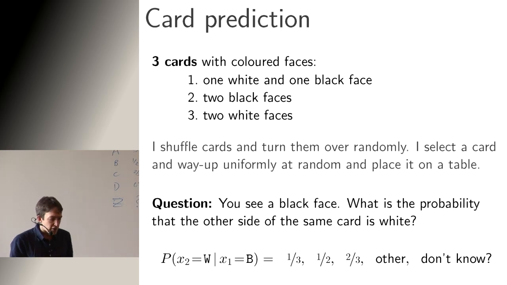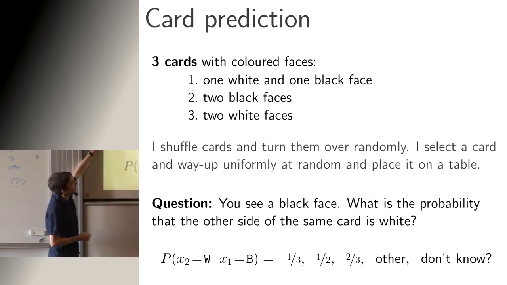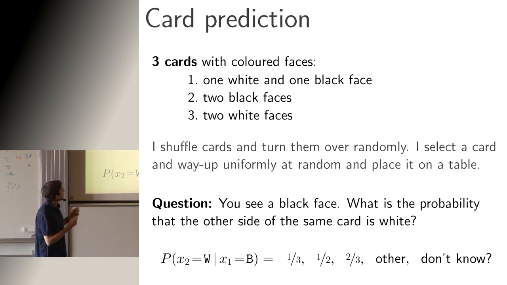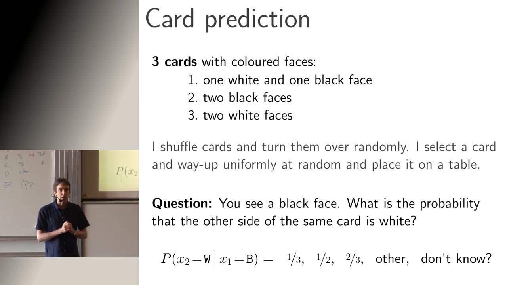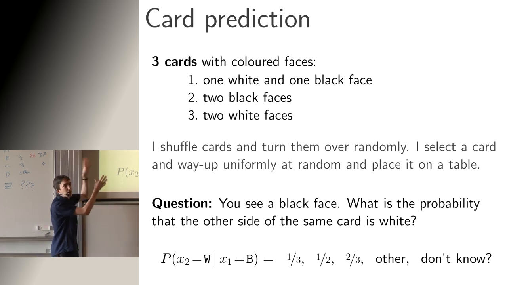There are other intuitive ones, like I could have said this question differently. I could have said, you see a face, what's the probability that the other side is a different color? And presumably your belief in that is the same, because you've seen a black face, and being a different color means white, and so it's the same question. But this whole setup is symmetric.